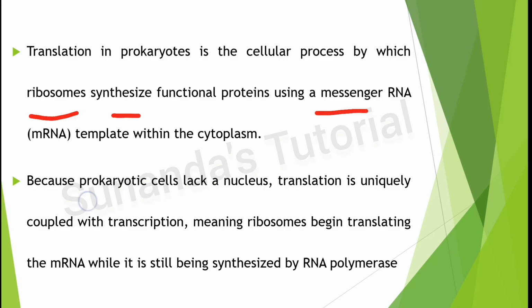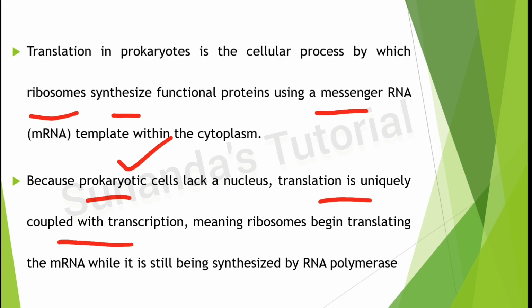Because prokaryotic cells lack a nucleus, translation is uniquely coupled with transcription. In case of eukaryotes, the transcription takes place inside the nucleus, and then that mRNA exits the nucleus, and in the cytoplasm the translation takes place.